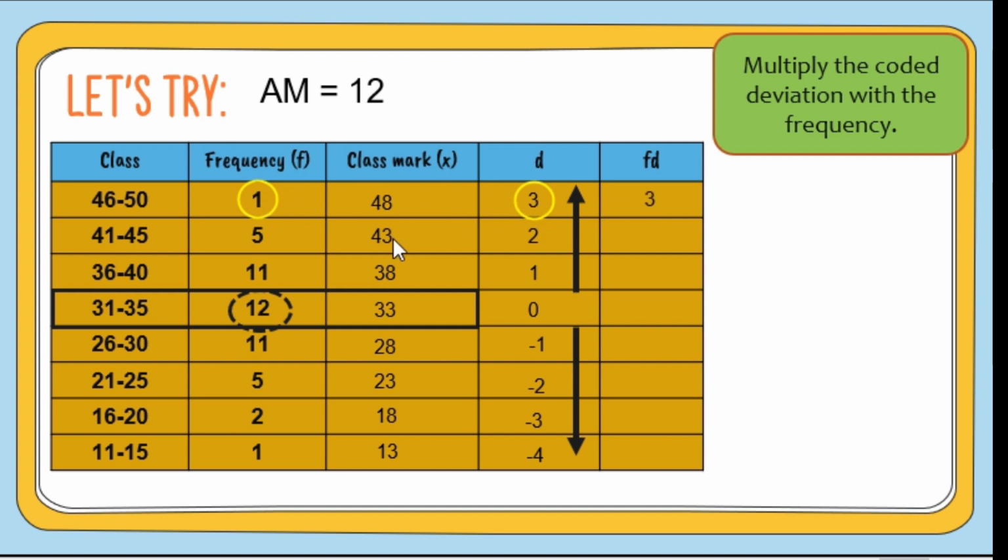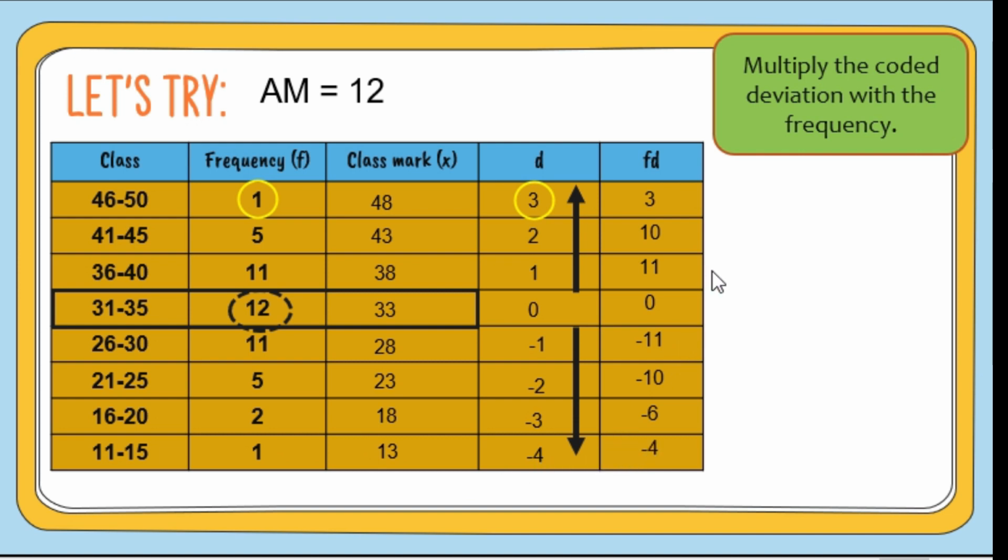The same is true with the second class interval, the frequency is 5 multiplied by the deviation, which is 2. 5 times 2 is 10. 11 times 1 is 11. 12 times 0 is 0. 11 times -1 is -11. 5 times -2 is -10. 2 times -3 is -6. 1 times -4 is -4.